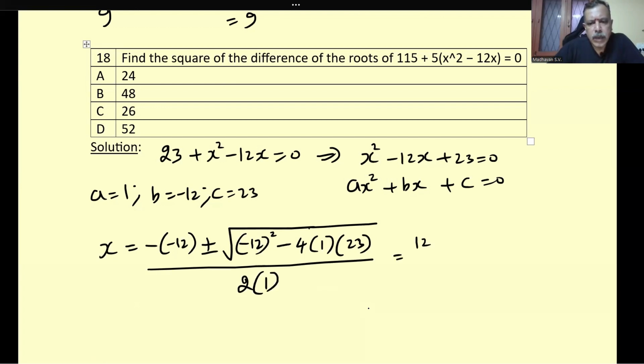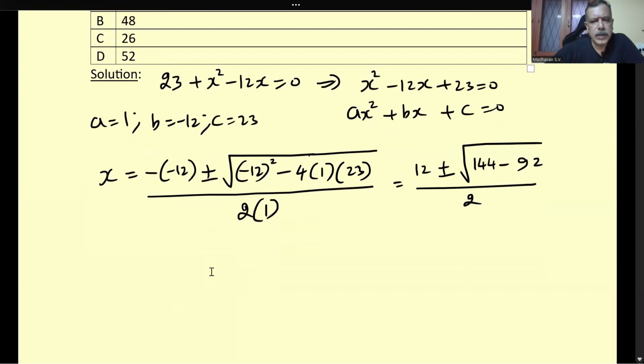So you get 12 plus or minus square root of minus 12 the square, which is 144, minus 4 3s are 12, 12 4 2s are 8, 9, divided by 2.